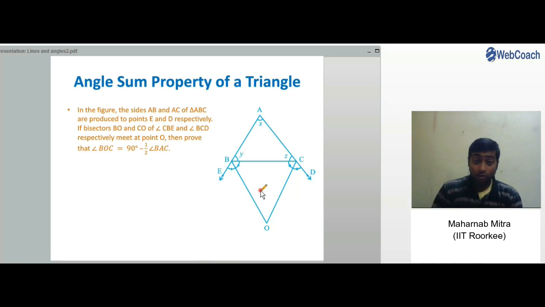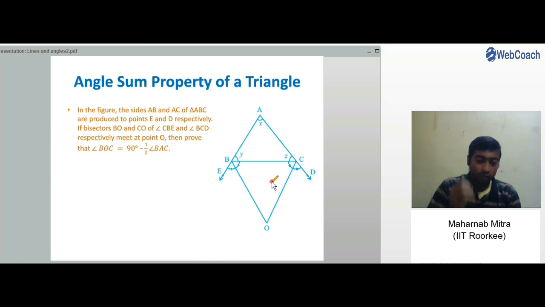And also you can see that this angle is represented with a single line, but here we have double lines which says that angle OBC is not equal to angle BCO. These two angles may or may not be equal, which is not stated in the question. So here we are taking that these two are not equal, which is the extreme case, right? So let them be not equal.